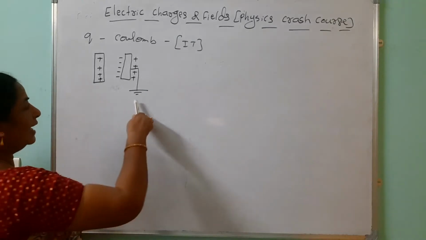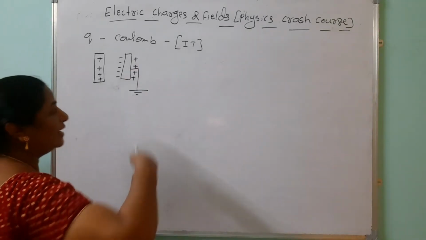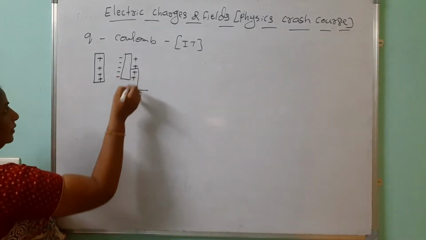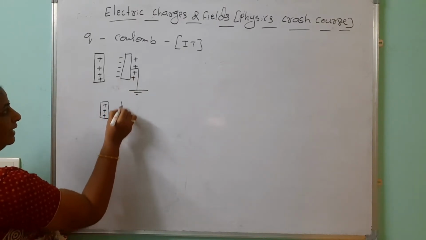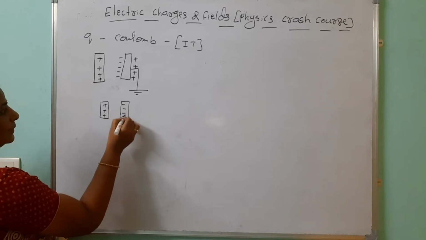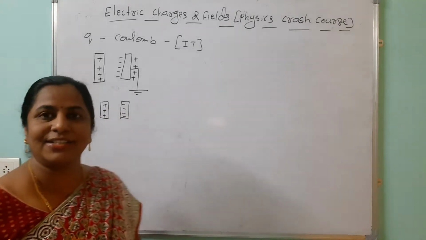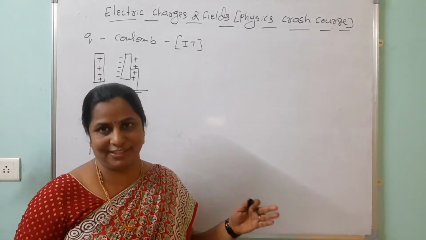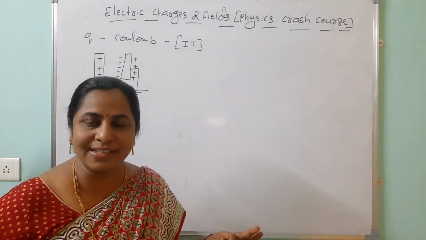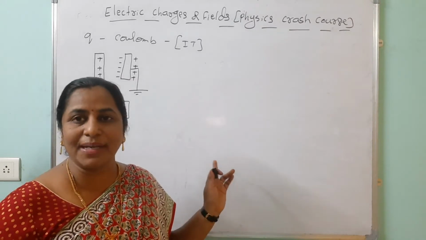You know that electrons then move here, and it is balanced. This side becomes neutral, and finally we get the usual positive charge, and here we get the negative charge. So by induction, if we use a positive charge, you will get a negative charge. If you use a negative charge, you will get a positive charge. So this is called induction.